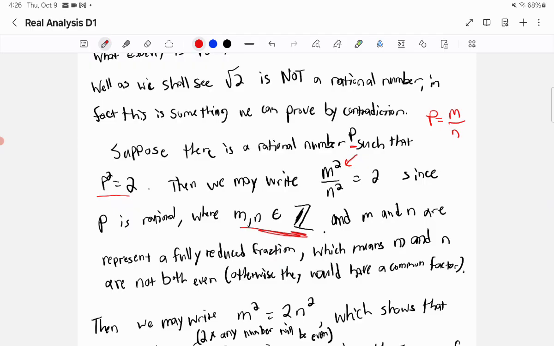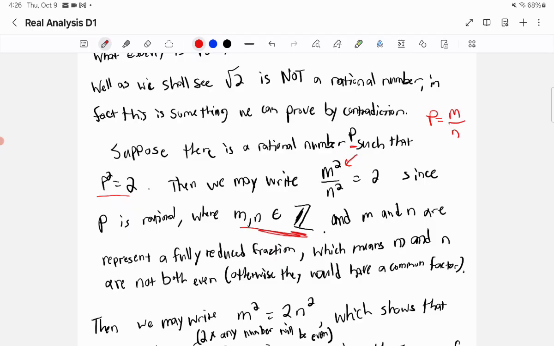Any rational number can be written in this way. Since we are going to take out any common factors, then we know that, with the exception of the rational number 1, right? We have to be careful about that, I guess. But since p is not equal to 1, because 1 squared would be 1, not 2.